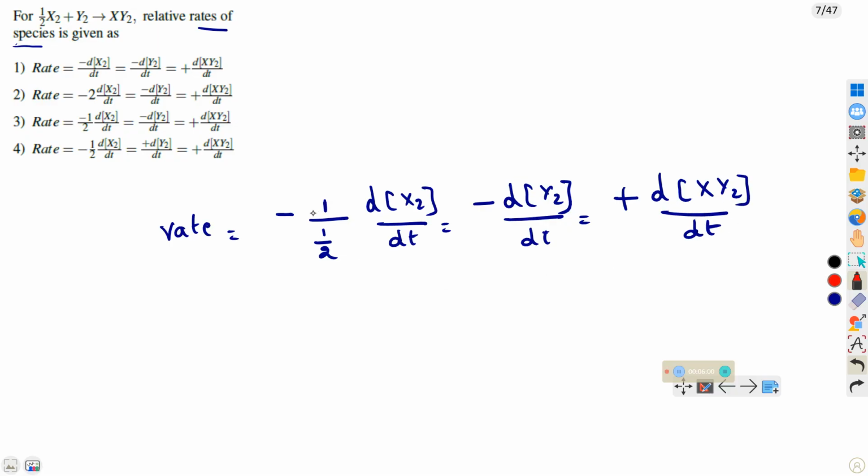So 1 divided by 1/2 can be written as minus 2 dX2/dt. Remaining terms same. Based on that, the second option is correct.